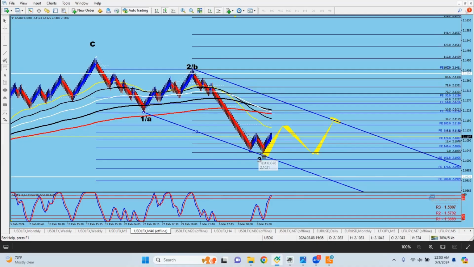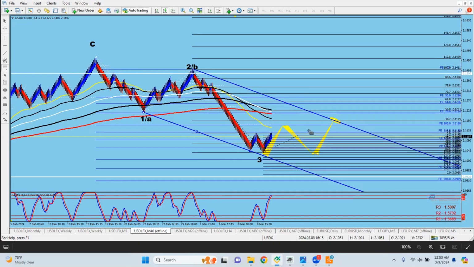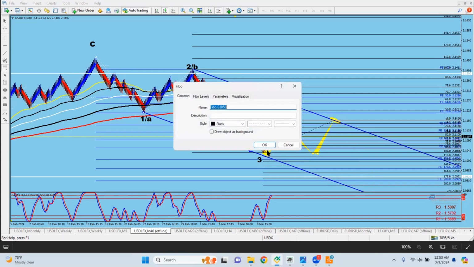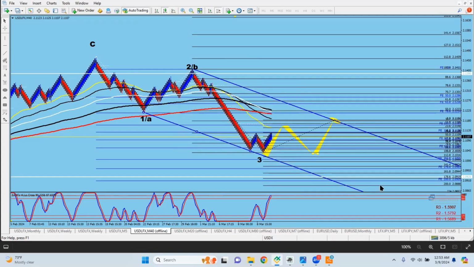Let's measure that. Place here. And you notice that the extension of this area, 0926, is coming just below 1.618. That's the second level of the extension. Perfect for wave 5.